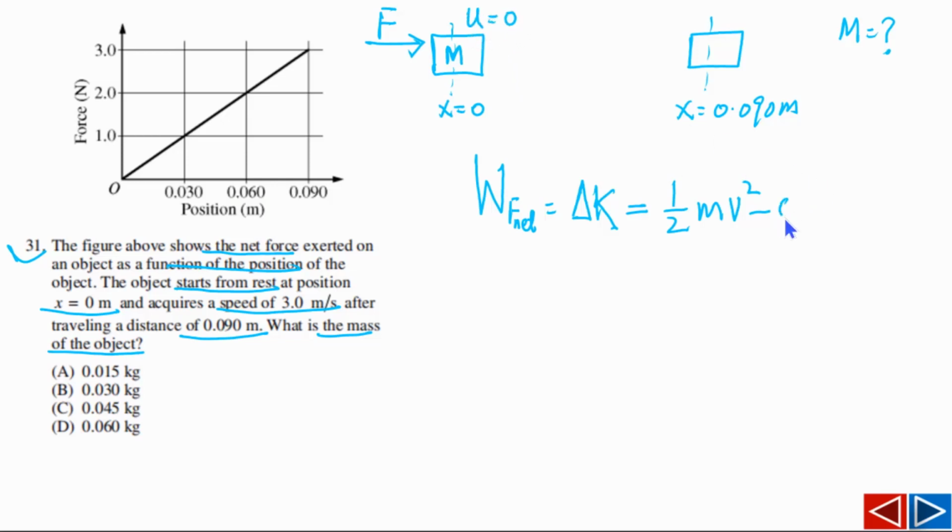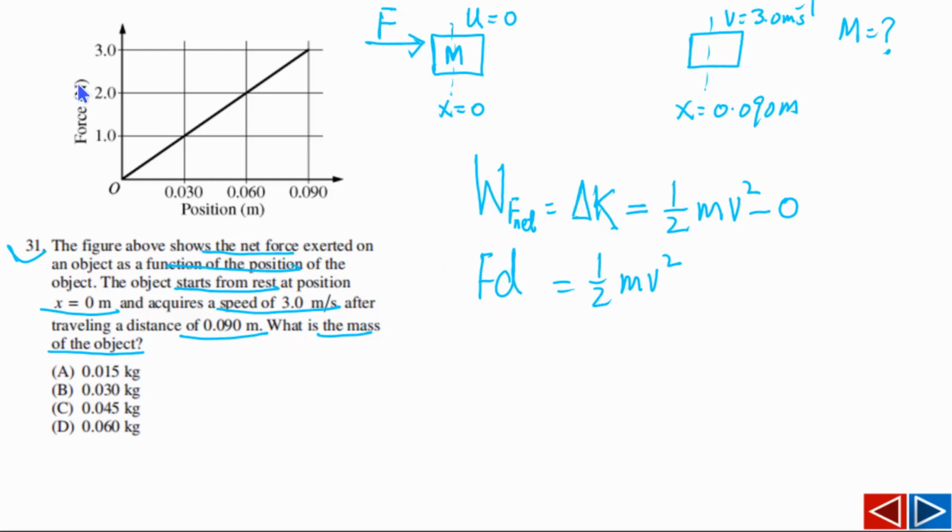So we can write F net times distance d is equal to 1/2 mv squared, and we need to calculate the value of m. The final speed is given to us: v is equal to 3.0 meters per second.